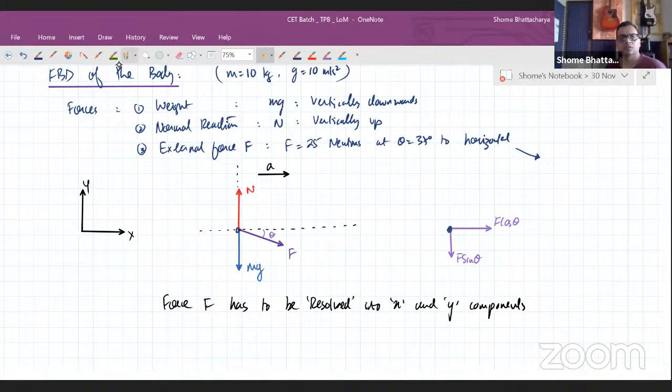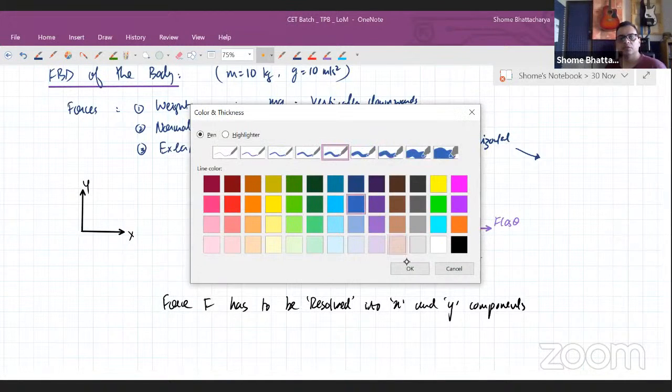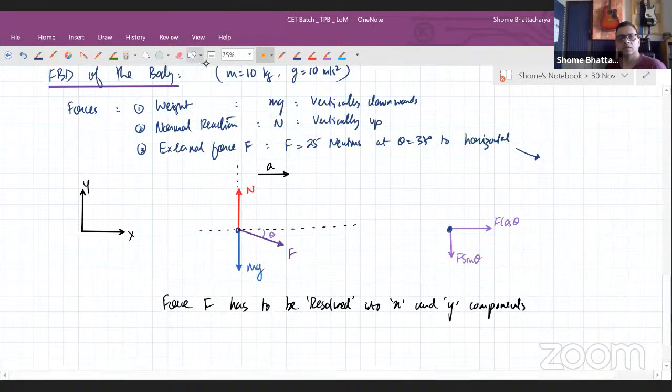And of course, you have the other two forces, mg and normal reaction, which are undisturbed.